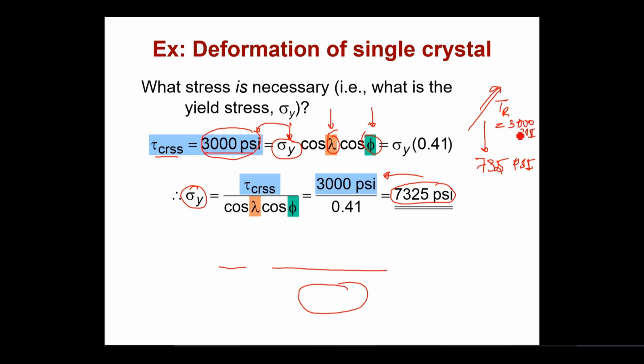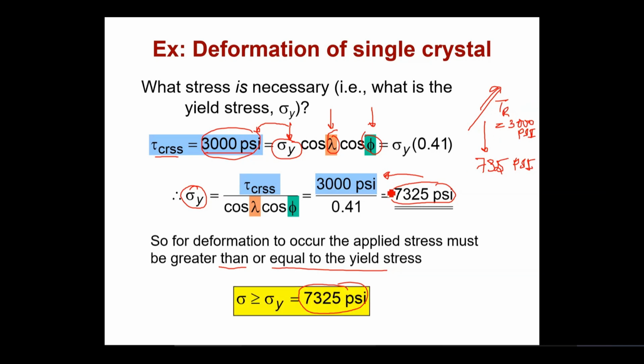And you already know that 3000 psi is the critically resolved shear stress value. That means if you have this stress, there would be the deformation that would be taking place in the material. So any stress value which is greater than this 7325 psi or equal to this would essentially result in the deformation within the material. Clear enough? Yes sir, clear.